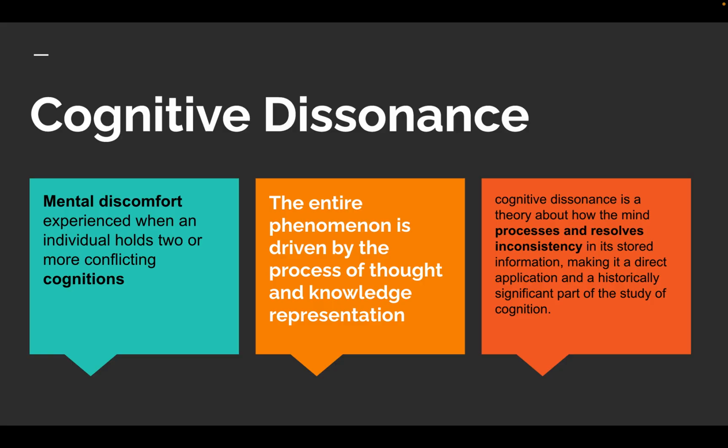In the middle box, I have the entire phenomenon is driven by the process of thought and knowledge representation. In the last box, I have cognitive dissonance is a theory about how the mind processes and resolves inconsistency in its stored information, making it a direct application and a historically significant part of the study of cognition.